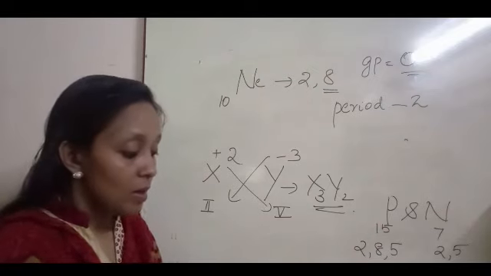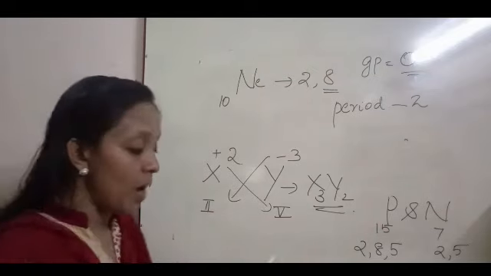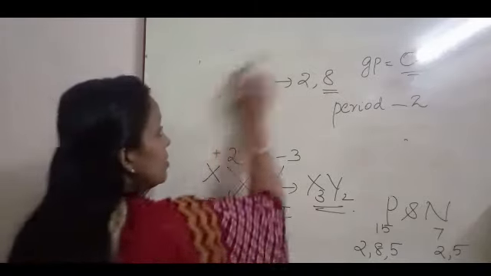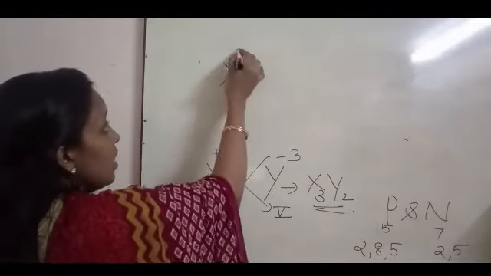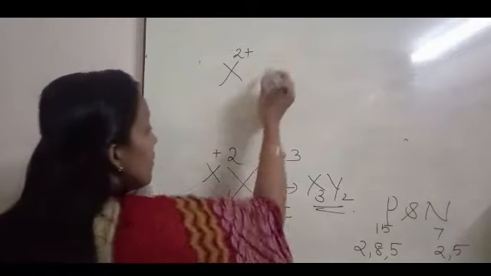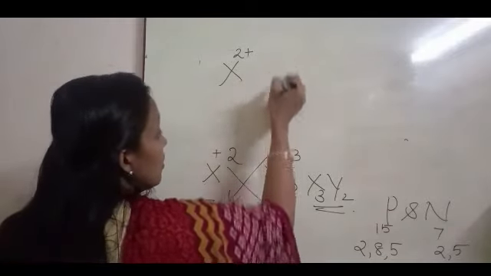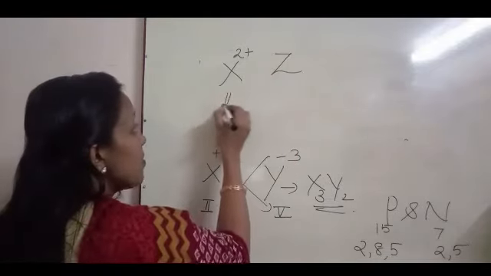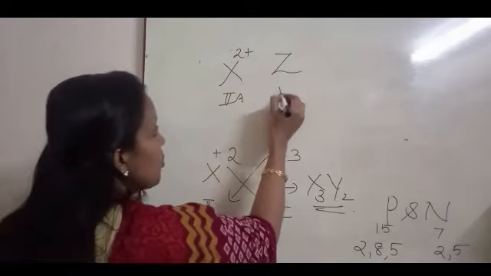Now, if X is forming a compound with an element belonging to group number 6A, what shall we do, children? Here X is the same member with valency 2 plus, and let the new element be Z. X is a member of group number 2A and Z is a member of group number 6A.